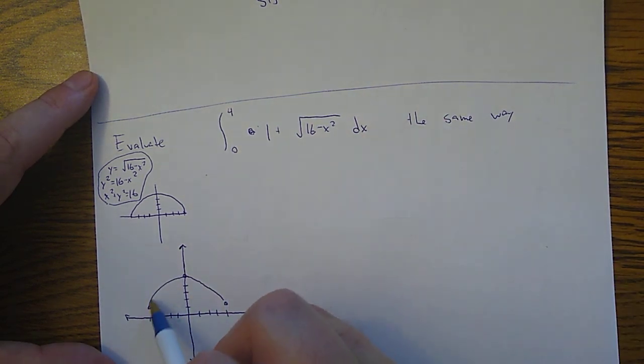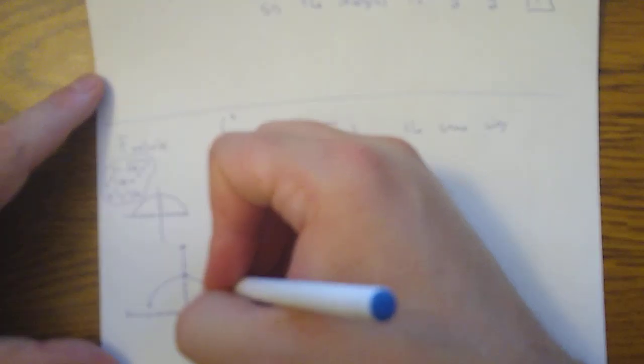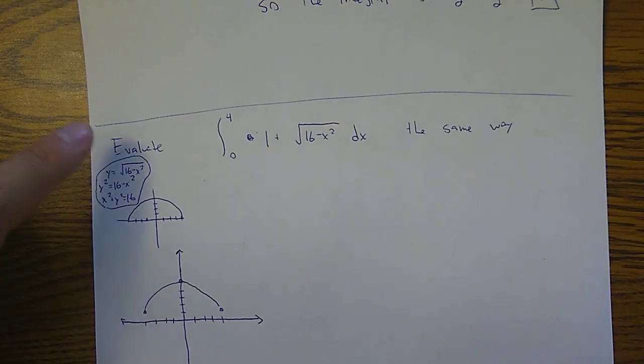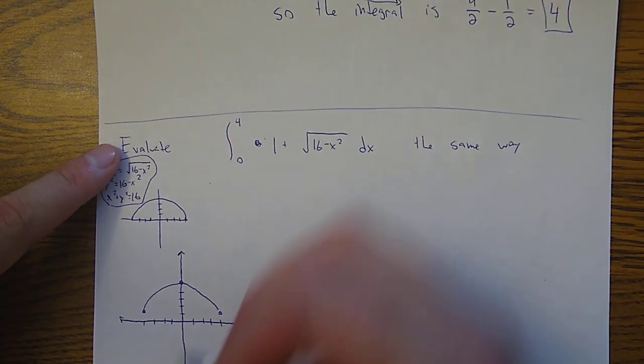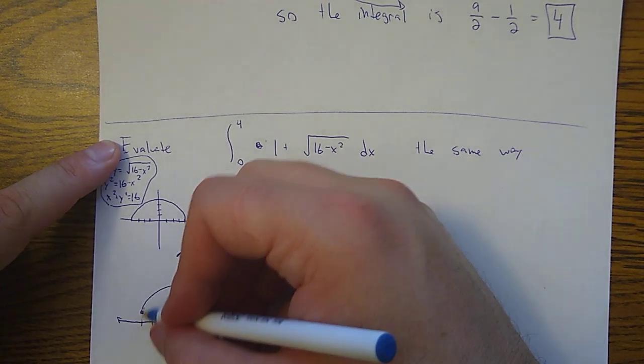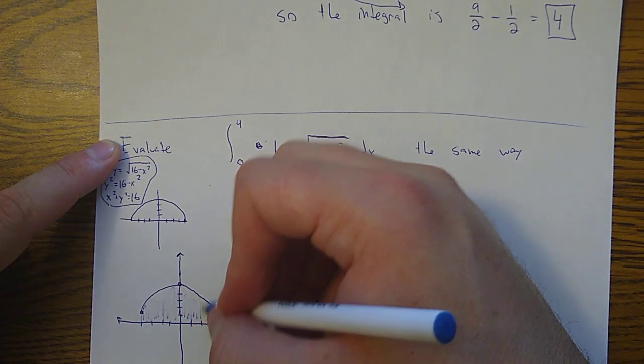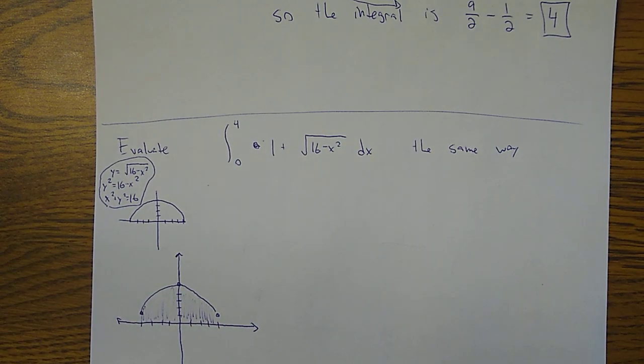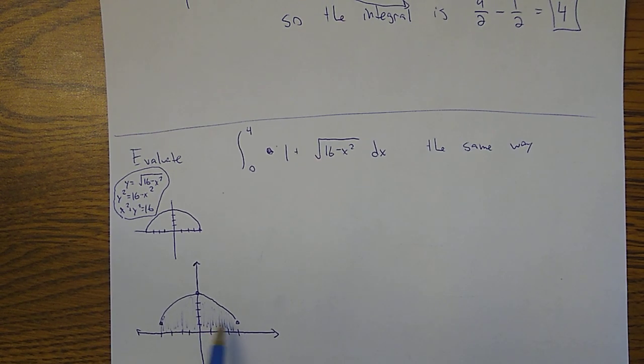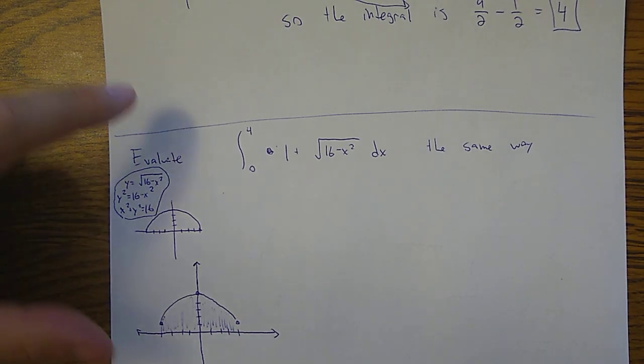Oops, the first part of that circle was good, and the second part's not so good. Oh well, my pictures aren't perfect. So we are finding this area. The good news is that it's all above the x-axis. None of it is below the x-axis, so I'm not going to have to subtract anything.